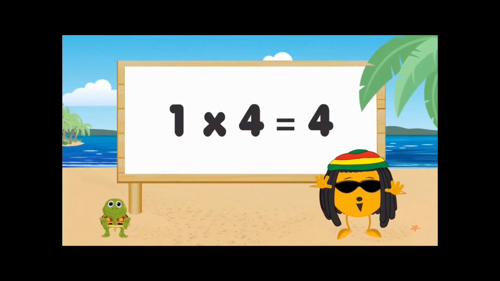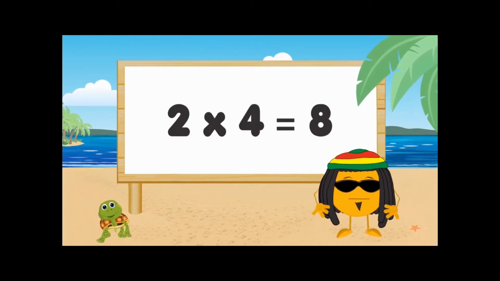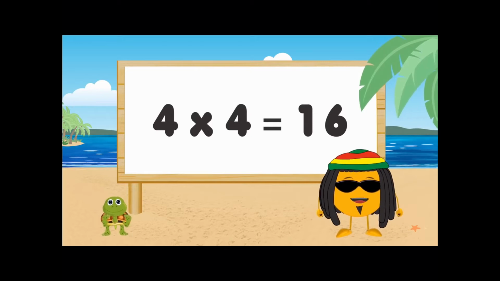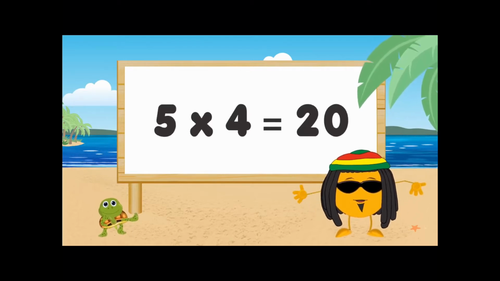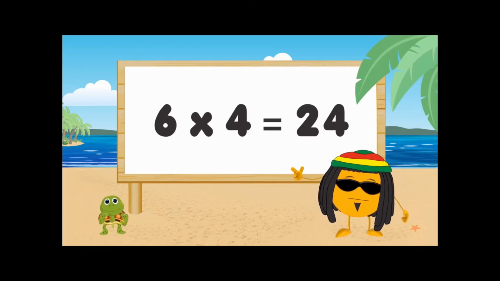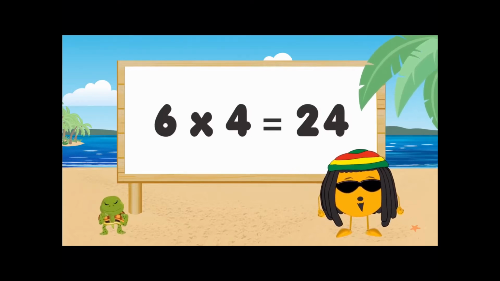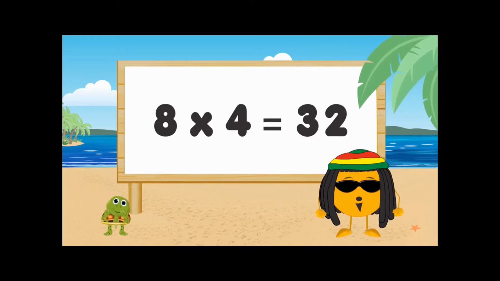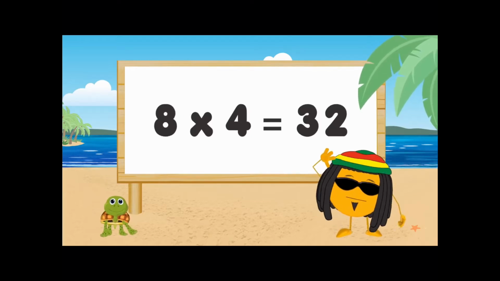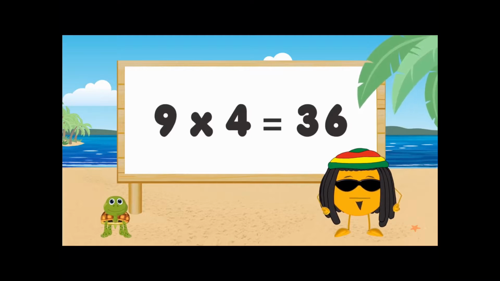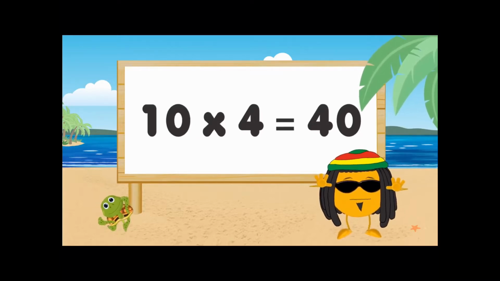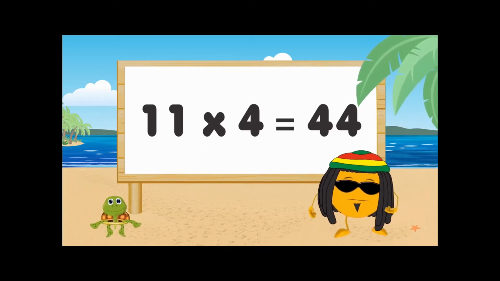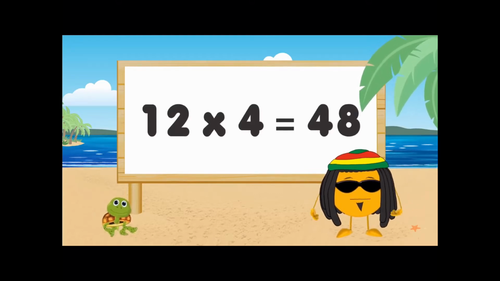1 4 is 4, 2 4s are 8. 3 4s are 12. 4 4s are 16. 5 4s are 20. 6 4s are 24. 7 4s are 28. 8 4s are 32. 9 4s are 36. 10 4s are 40. 11 4s are 44. 12 4s are 48.